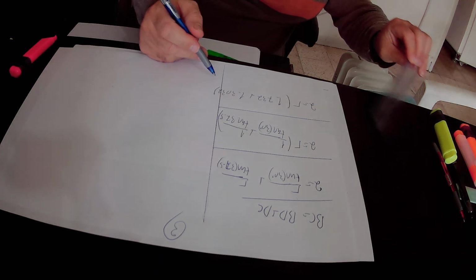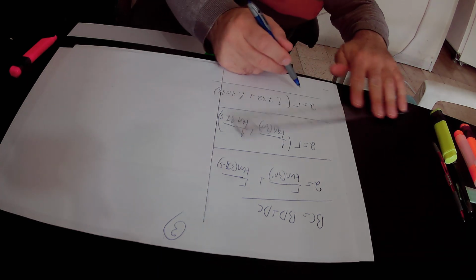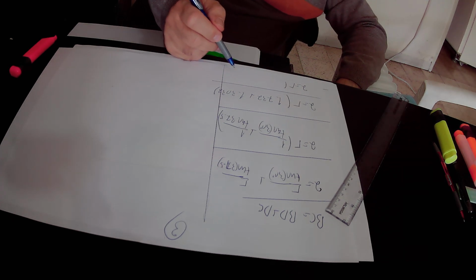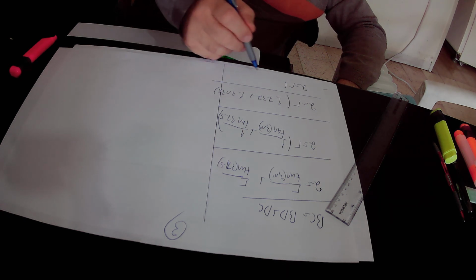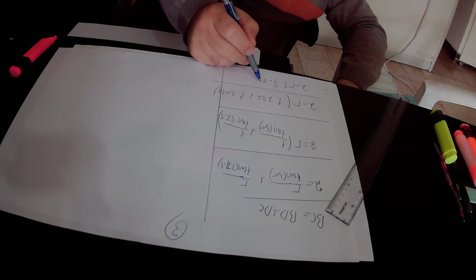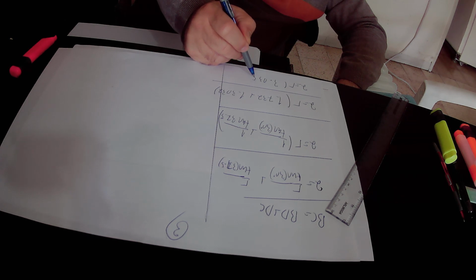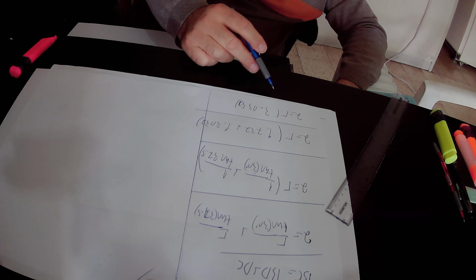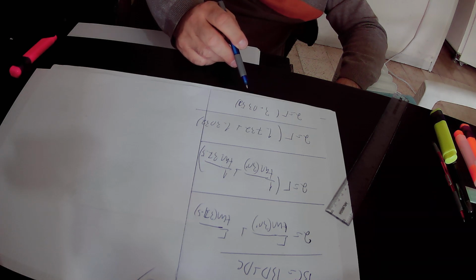So 2 equals R times the sum, and 1.732 plus 1.3032 equals 3.0352. So in conclusion, we found out that 2 equals R times 3.0352.